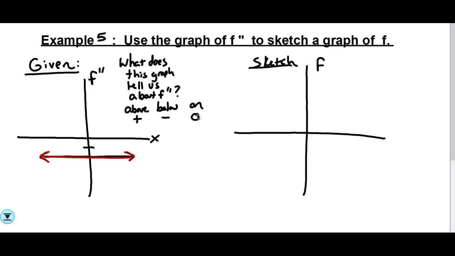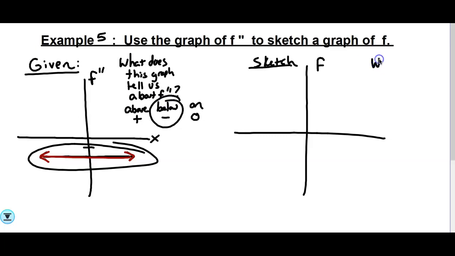Well, I see that it's always below. It's always below. Okay, great. So that means that f double prime is always negative for this particular function. Well, what does that tell us about f then?